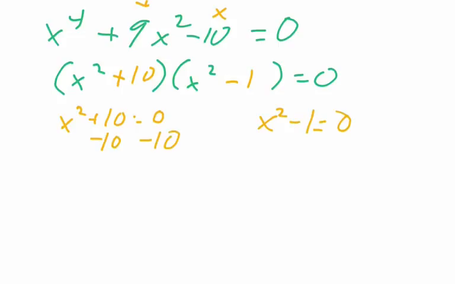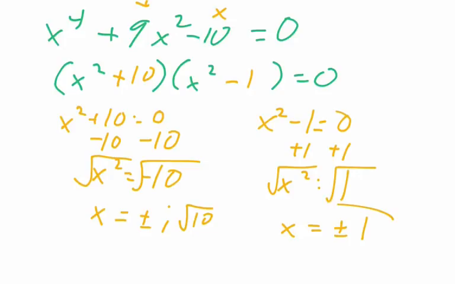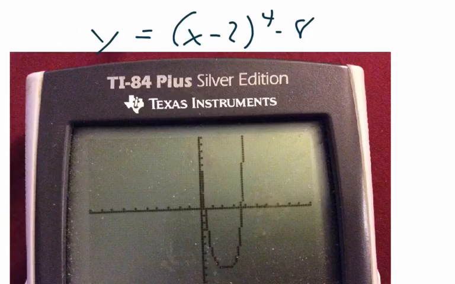Subtract 10. x squared equals negative 10. Square root. Since that doesn't come out even, plus or minus i square root of 10. Over on this side, plus 1, x squared equals 1. Square root, x equals plus or minus 1. So these are the reals, these are the imaginaries.